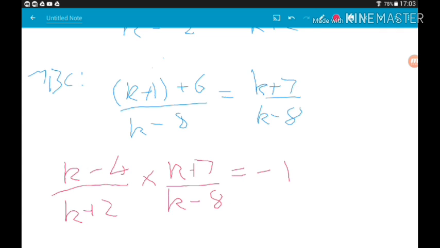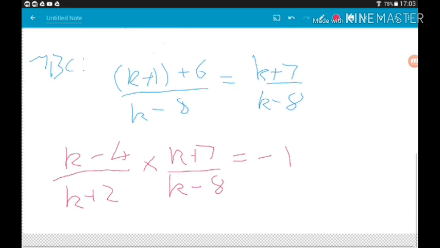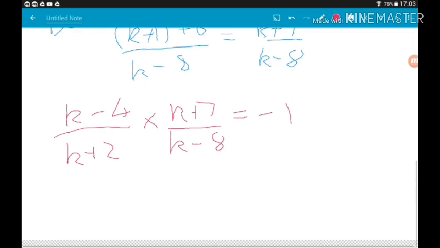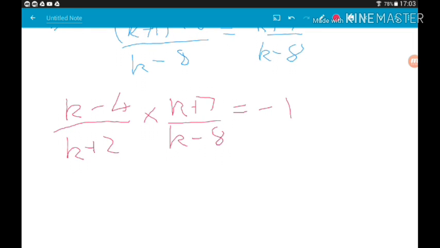So we're now just playing around with some cheeky quadratics, well, we will once we multiply these fractions. Up on top we've got k minus 4 times k plus 7. That gives us k squared plus 7k minus 4k, so plus 3k, and then minus 4 times 7, which is minus 28.